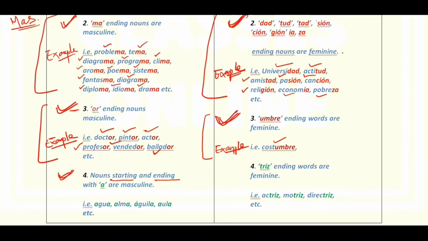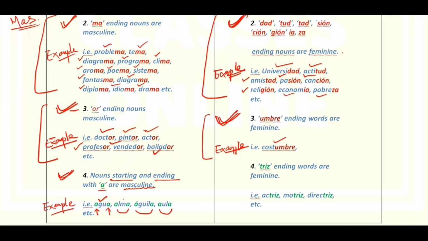So in the starting point and the ending point, in both places we have a. So these are masculine in nature. Example. See, first word is agua. You can see first letter, last letter a. So agua is masculine. Alma, aguila, aula. You can see starting and ending.